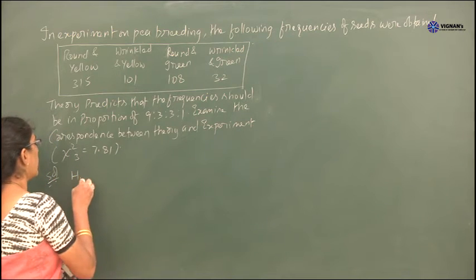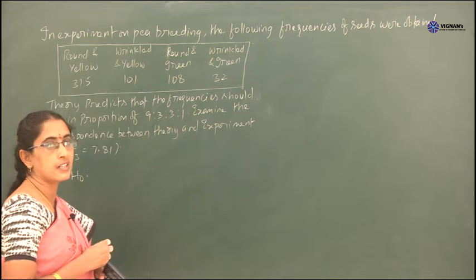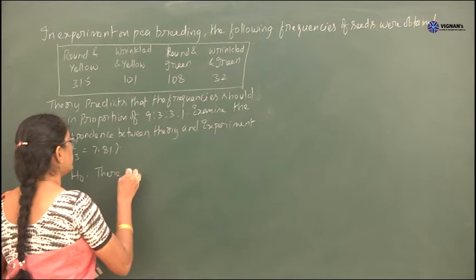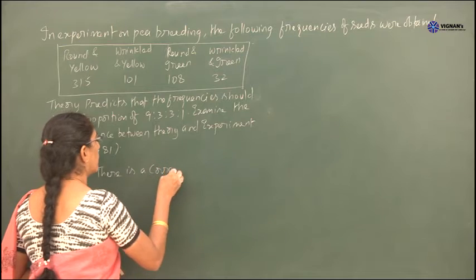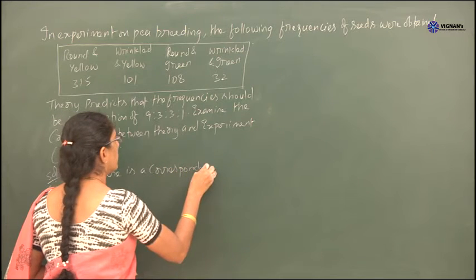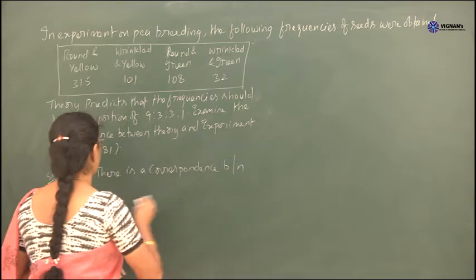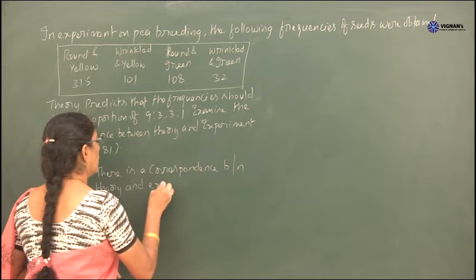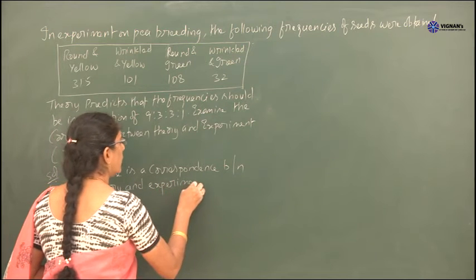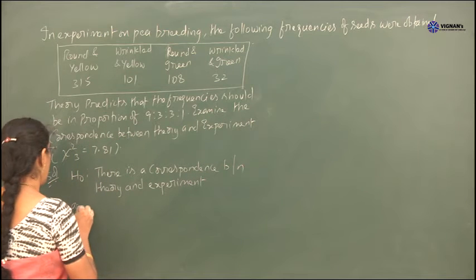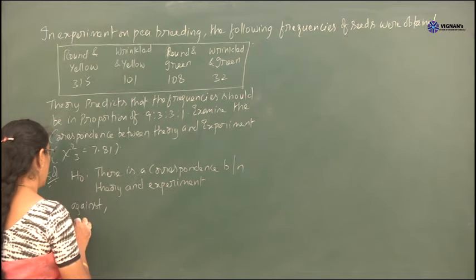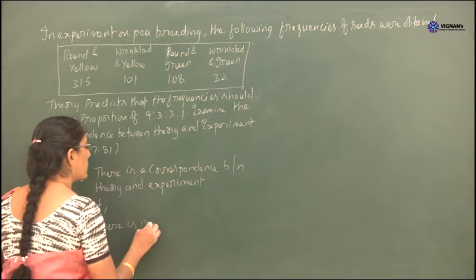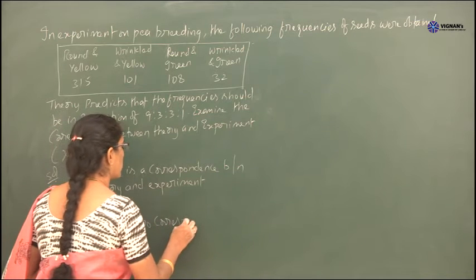So our null hypothesis is that there is a correspondence between theory and experiment, against the alternative hypothesis that there is no correspondence between theory and experiment.